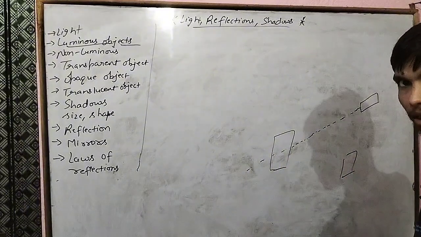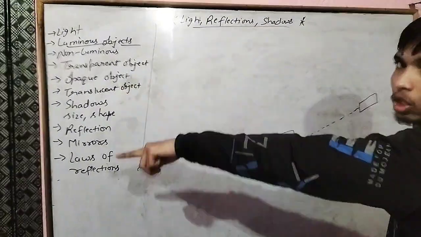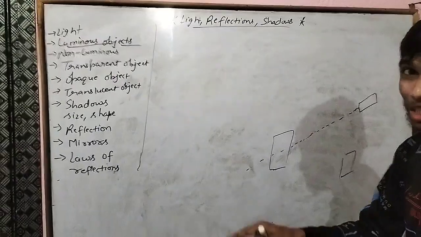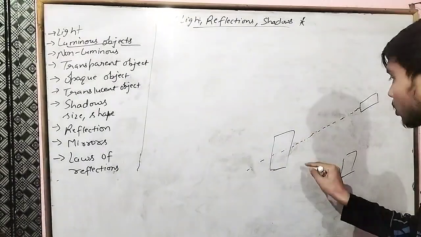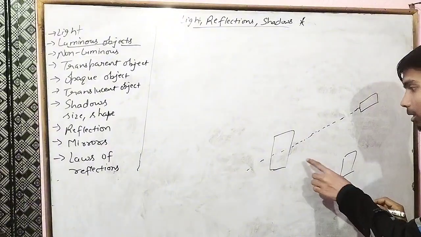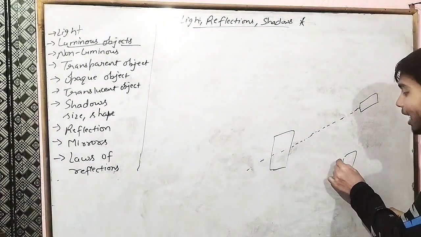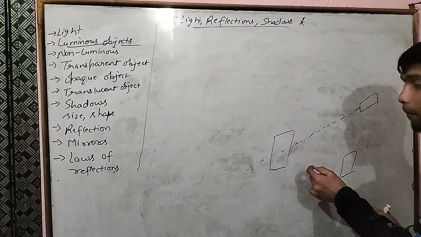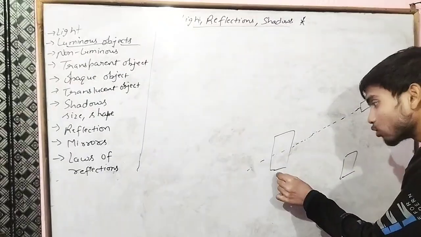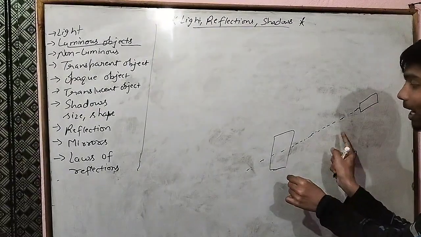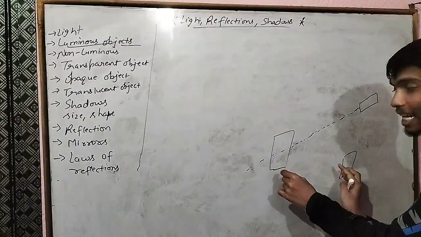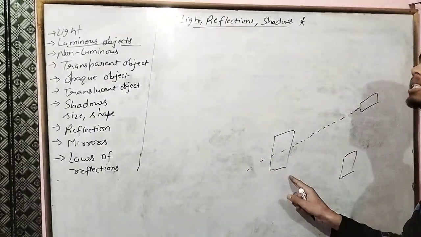That's why it is named a transparent object, because light is passing through the object. In other words, we are able to see the area behind this object because light is passing through it.